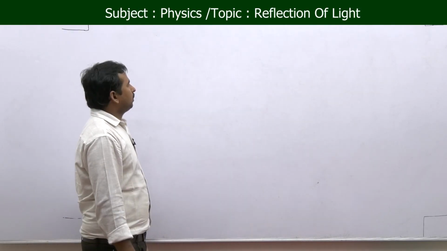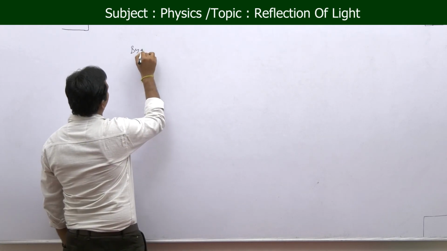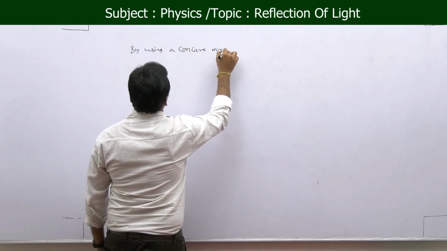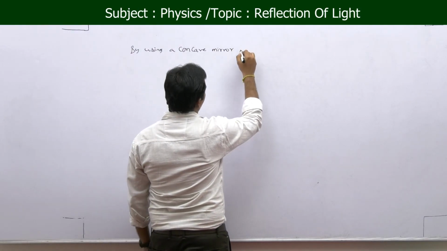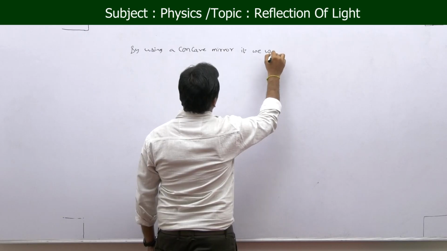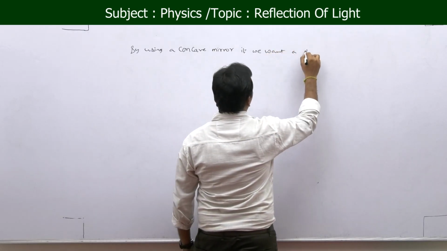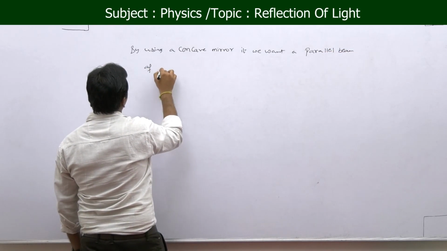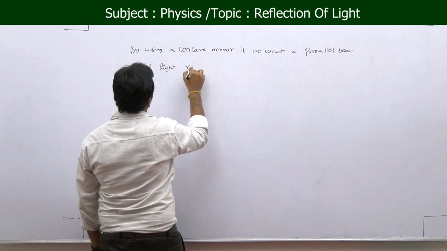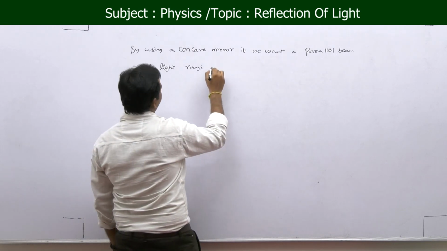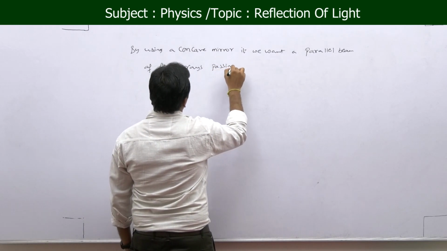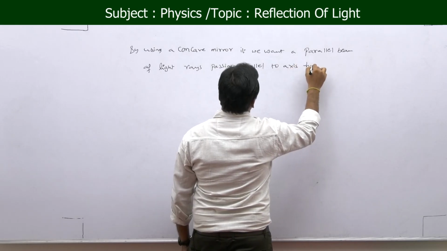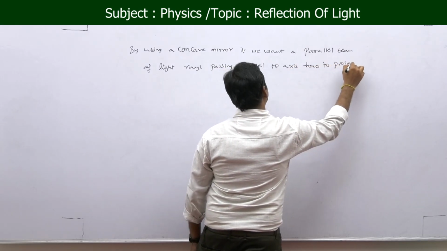Okay, like this. Now we will see, suppose by using a concave mirror, if we want a parallel beam of light rays passing parallel to the principal axis, how to project the light rays?